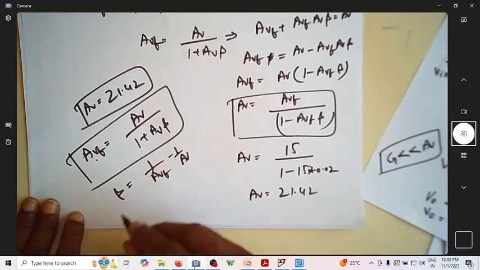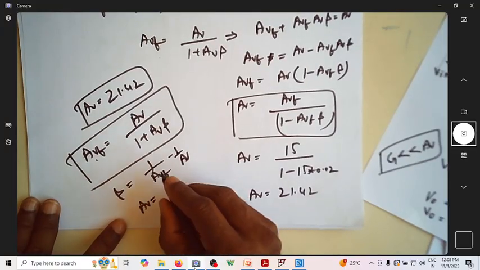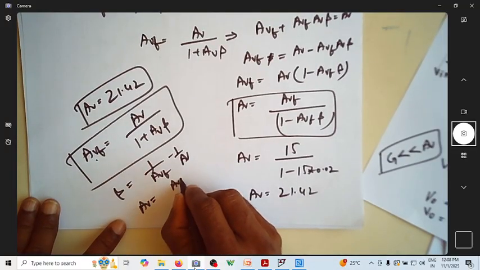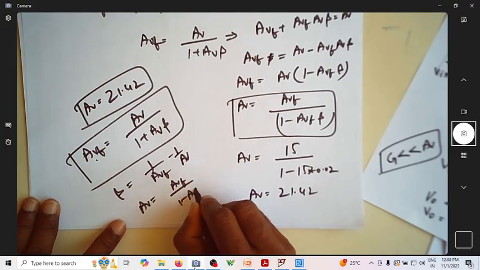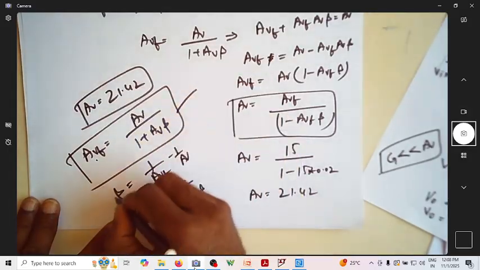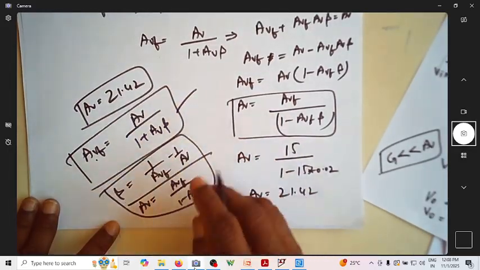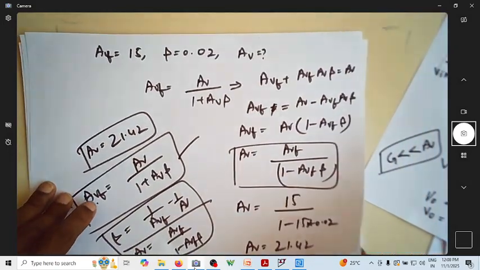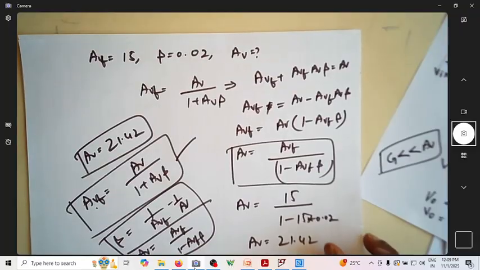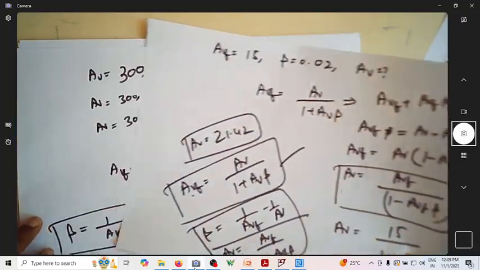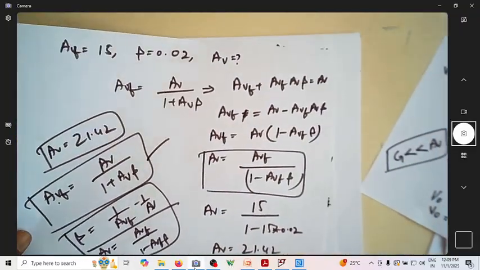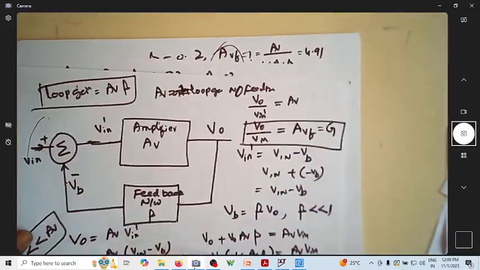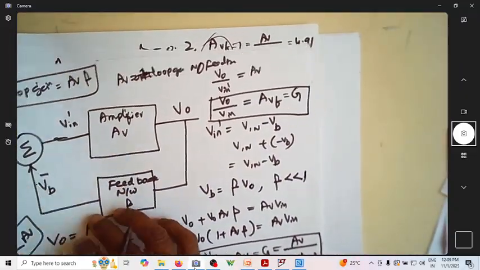If you want to find AV for a given value of AVF and beta, this expression AVF by 1 minus AVF beta. If you know the first expression, you can derive these two. So this is about the open loop gain of the amplifier, closed loop gain, and with negative feedback.